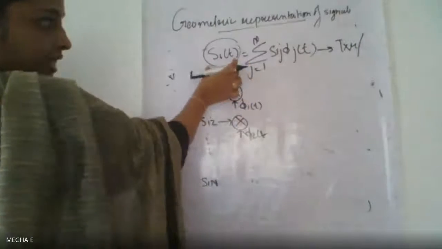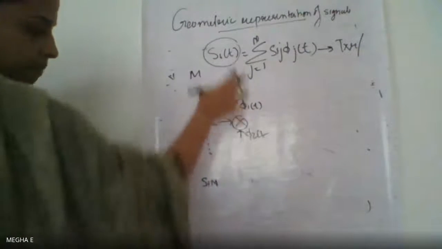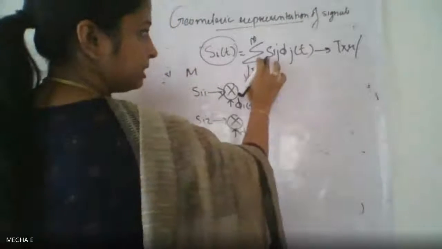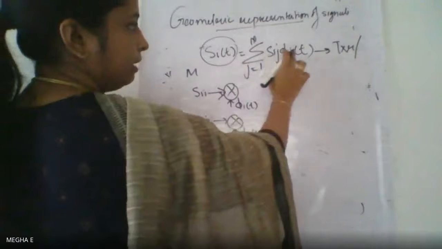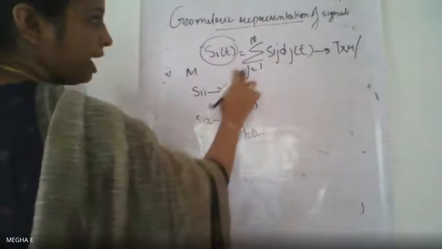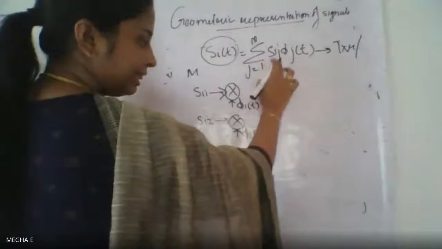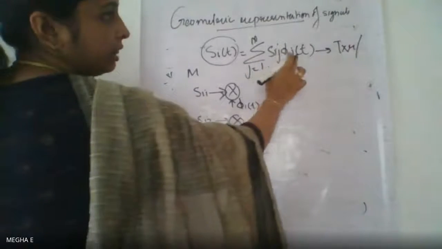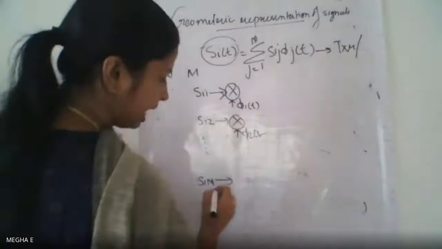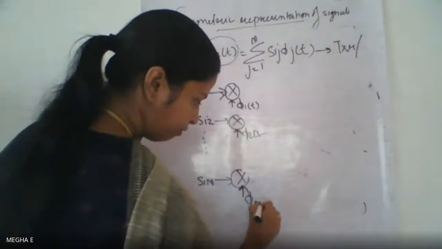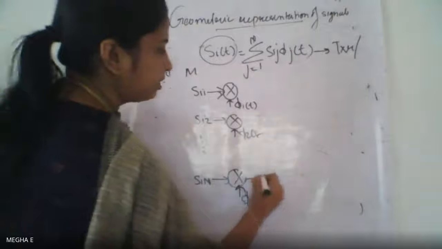So we are multiplying Si1 of t with phi 1 of t, and Si2 into phi 2 of t, Si3 into phi 3 of t, അങ്ങനെ Sin into phi n of t. ഇത്രയും ക്ലിയർ ആണോ?